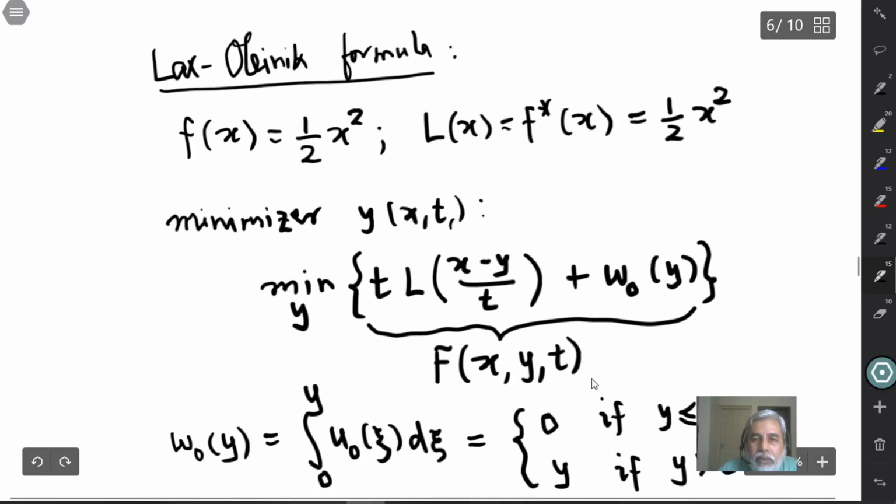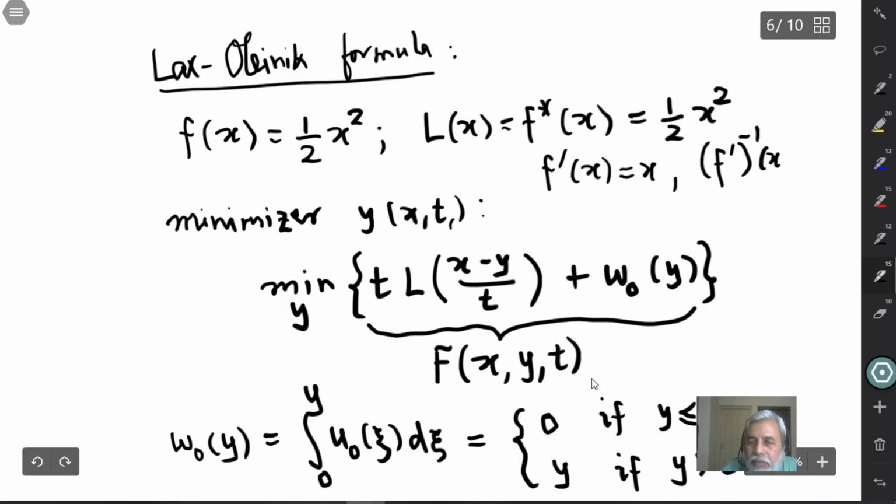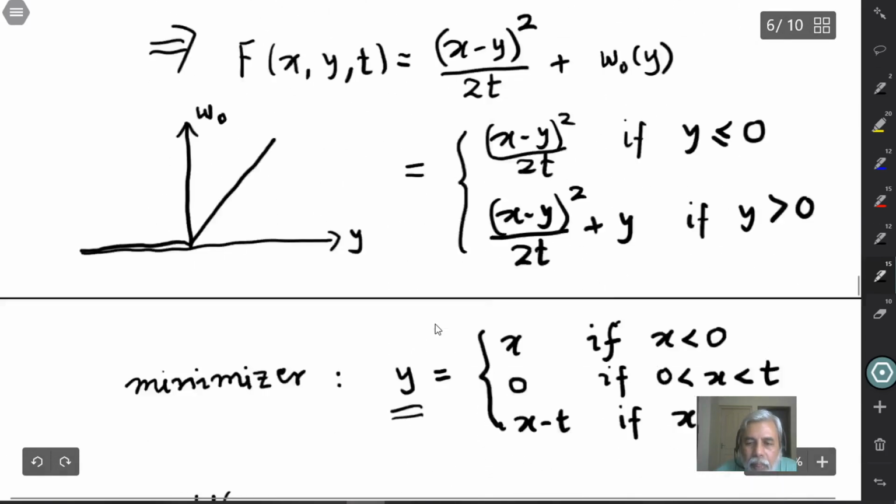Just one more thing here. f prime of x is x, and so its inverse is also x, because this is what we need in the Lax-Oleinik formula.